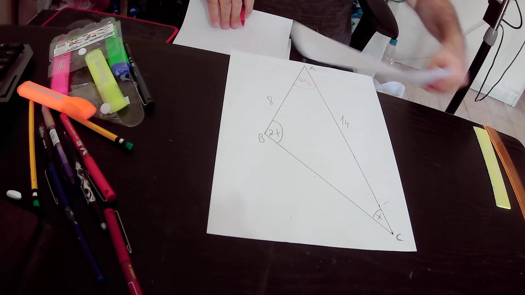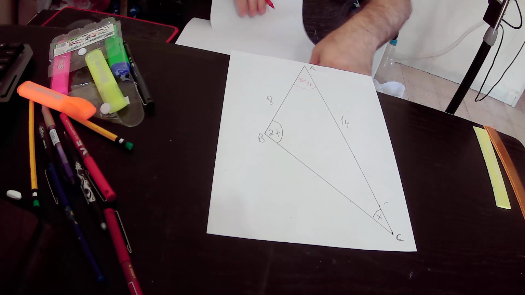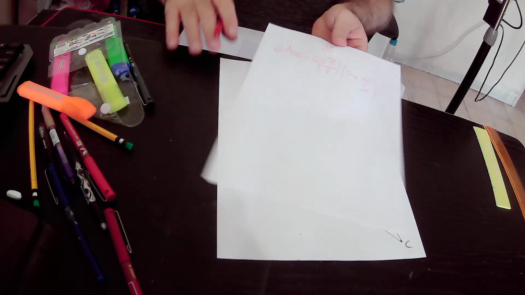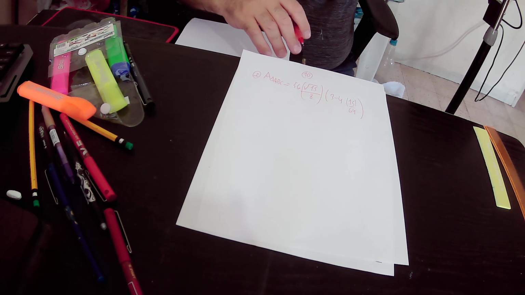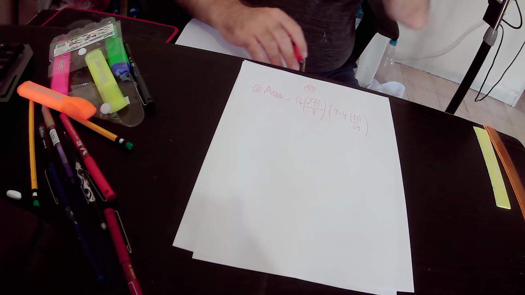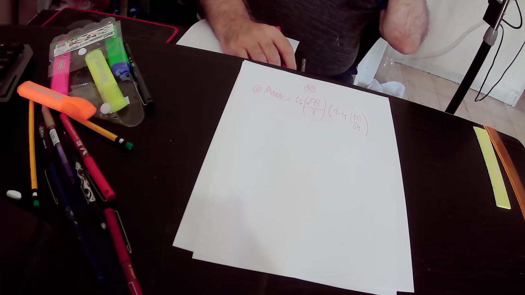So in total we got that the area of triangle ABC equals to 56 times root 15 over 8 times 3 minus 4 times 15 over 64.